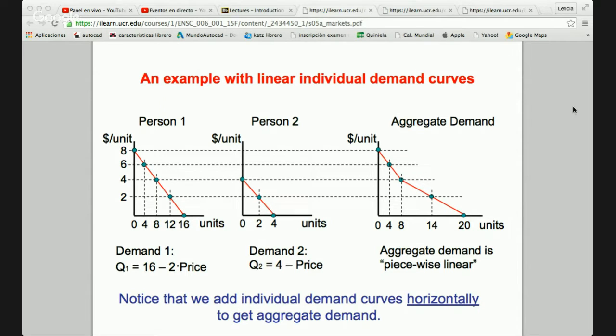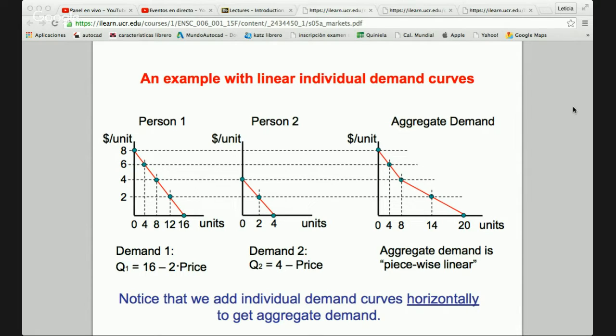What do I mean by summing up horizontally? Imagine that, well, we already know that the consumers are price takers. So what that means is they go to the market, see the price, and then based on the price, they make a decision on how much they're going to consume of a certain good.